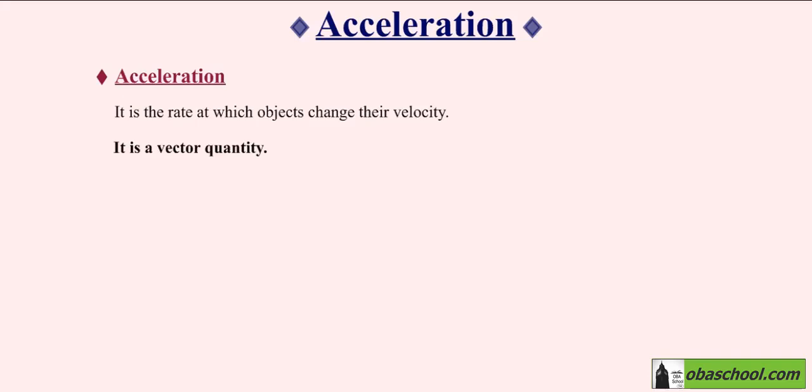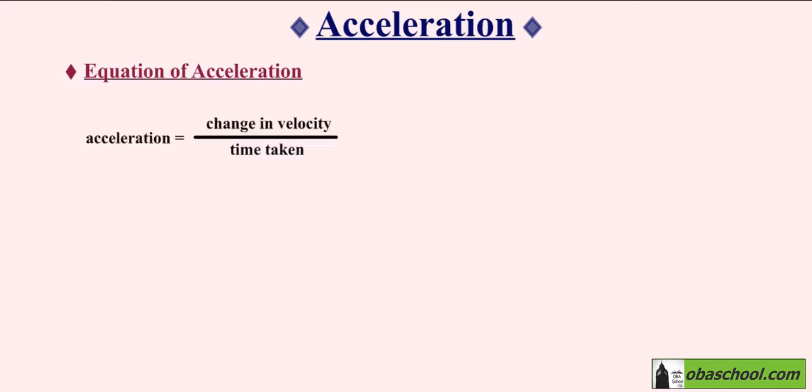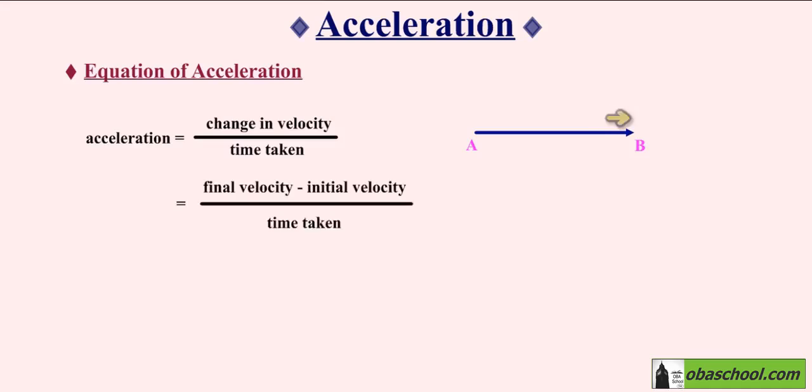Now, let's move on to calculating the acceleration. The acceleration is equal to the change in velocity divided by the time taken. For example, if a person moves from point A to point B, his acceleration is the difference of velocity between A and B over the time taken to move from A to B. So, the equation becomes: the acceleration equals the final velocity minus initial velocity over the time taken.